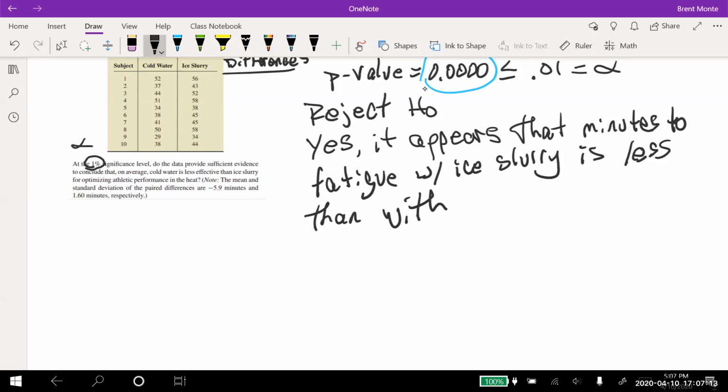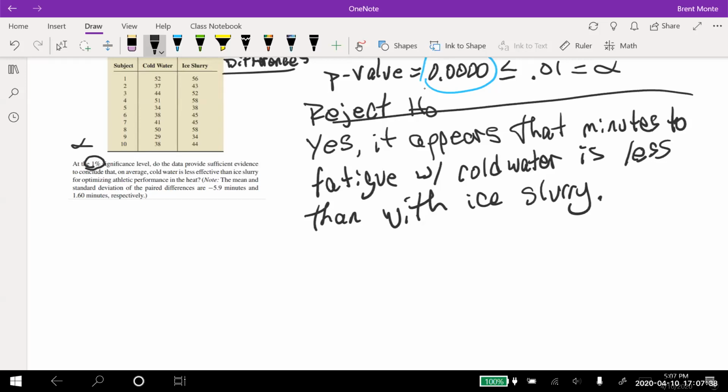Dang it. Let me erase that. Let's get our sentence correct. I need to erase this because population 1 wasn't ice slurry, population 1 was cold water. So it appears that minutes to fatigue with cold water is less than with the ice slurry. Ta-da! We are done.